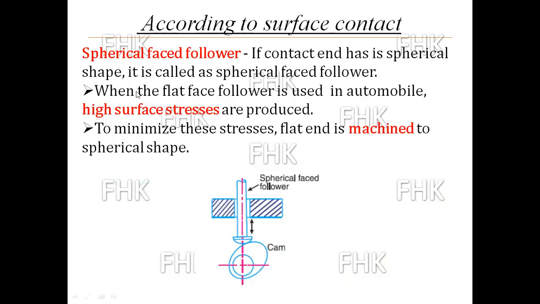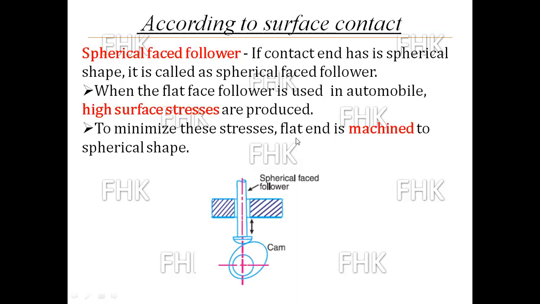The fourth type of follower, which comes under the category of surface contact, is the spherical face follower. If the contact end has a spherical shape, it is called a spherical faced follower. When the flat face follower, which is used in automobiles, is used, high surface stresses are produced.